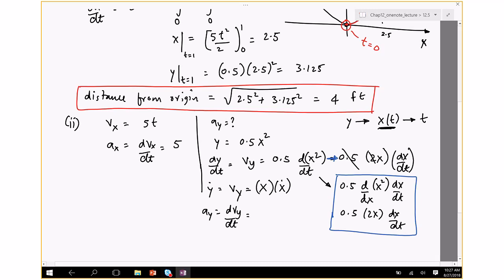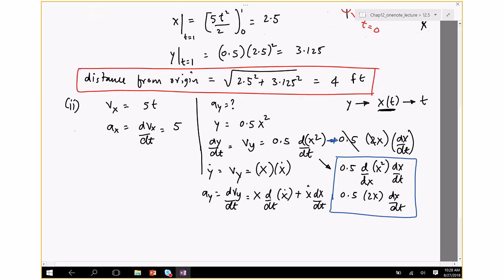When you have differentiation of two terms and each of those terms is a function of time, the way you do the differentiation is keep one of them constant, differentiate the second one, and then do it vice versa. So let's keep x constant and take the derivative of x dot, and then keep x dot constant and take the derivative of x with respect to time. Okay, that's the product rule.